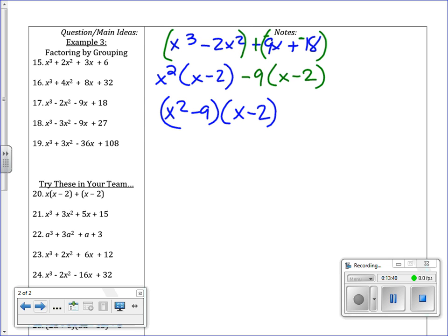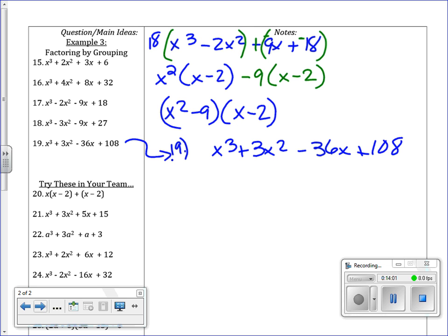And for number 19, let's see here. We have x to the third plus 3x squared minus 36x plus 108. This one's pretty easy peasy if you ask me. Here's my grouping.